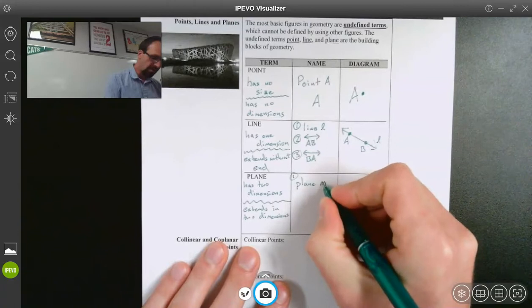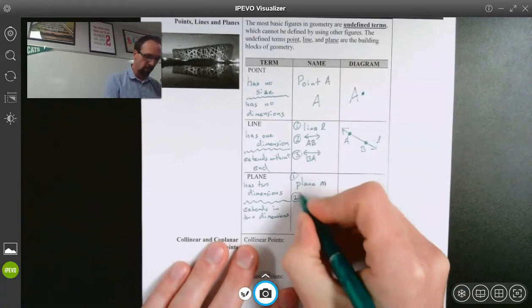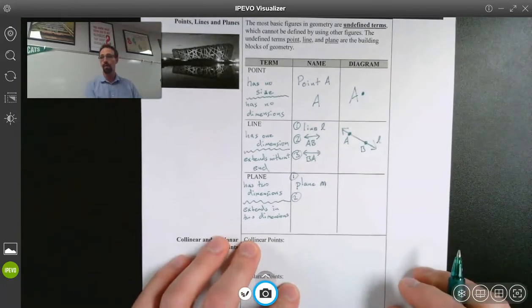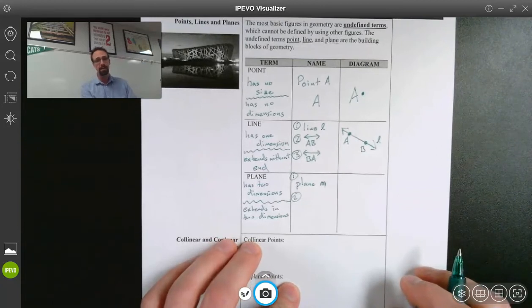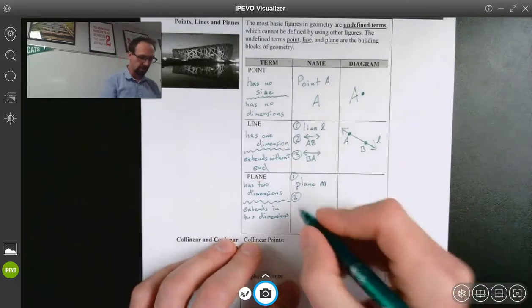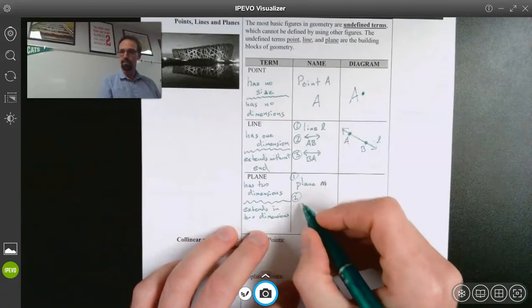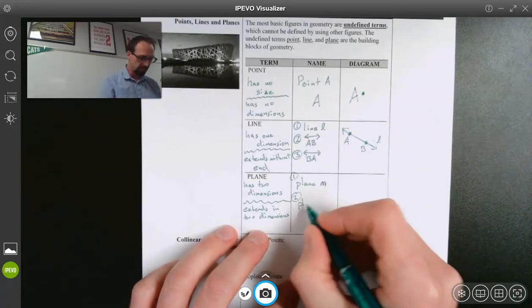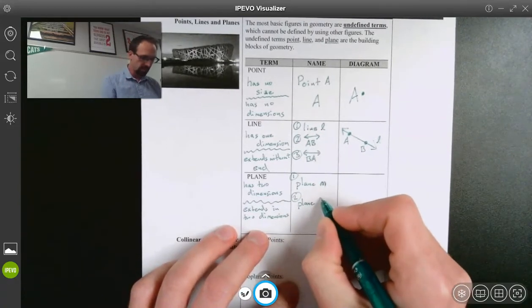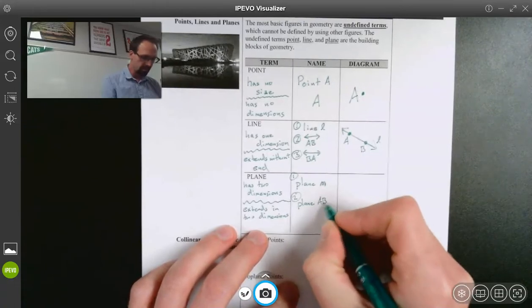You can also name a plane by using three points that are on the plane that are not collinear. So an example of this would be if I use the word plane, and then let's go ABC.